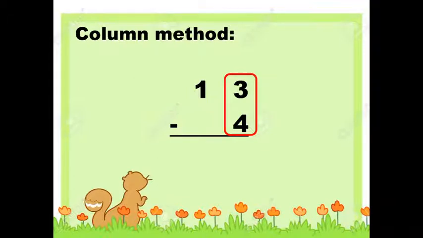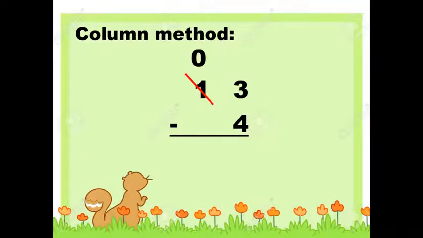No, because 3 is smaller than 4. So we need to borrow from the nearest place value, which is tens. So we need to borrow 1 from our tens.